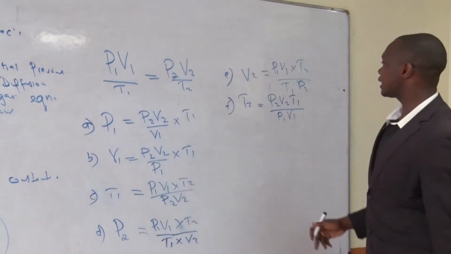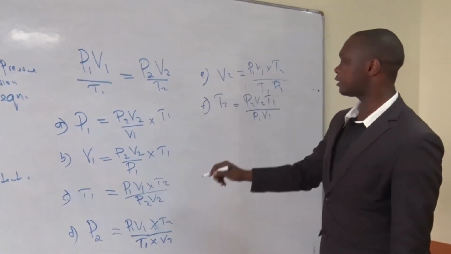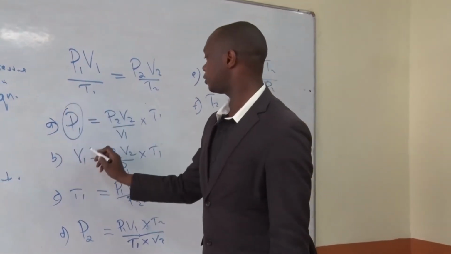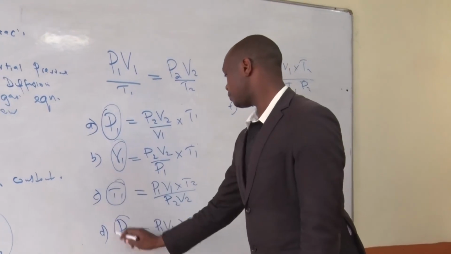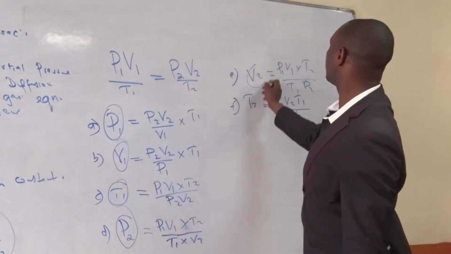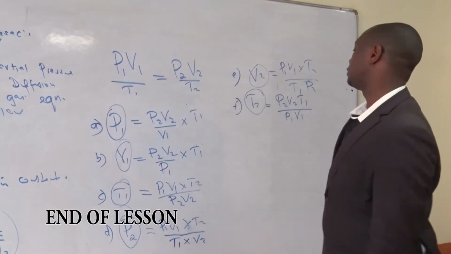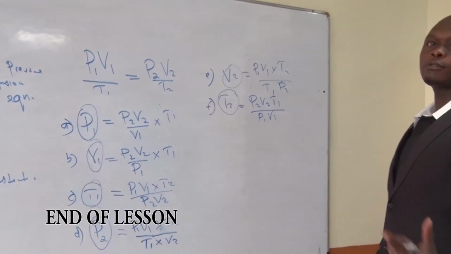So that is how we can get each of these values, that is pressure 1, volume 1, temperature 1, pressure 2, volume 2, temperature 2 for the gases in the combined equation. Thank you.